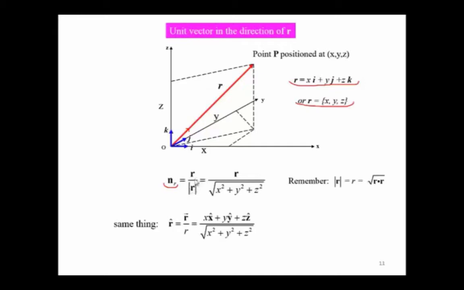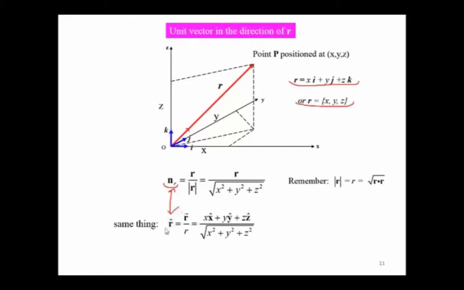If you do that, then you'll have the vector r divided by the square root of x squared plus y squared plus z squared. If you put back the vector r, which we wrote here, then you would have an expression that looks like this right here. The unit vector, we sometimes call it this, sometimes we just put a hat on the vector r.